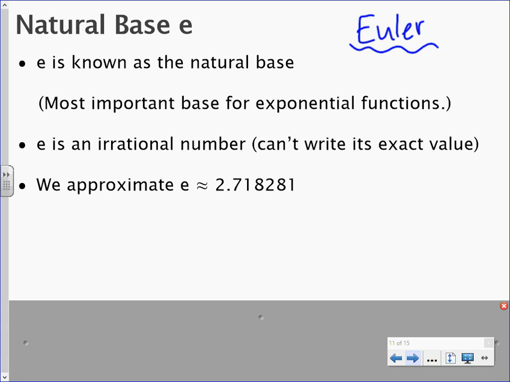Go ahead and get out your calculator and see if you can find it. Most of you have new calculators for the year. On the TI, you probably have to press second to get to e to the x.